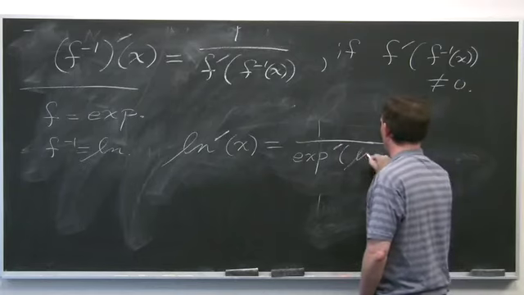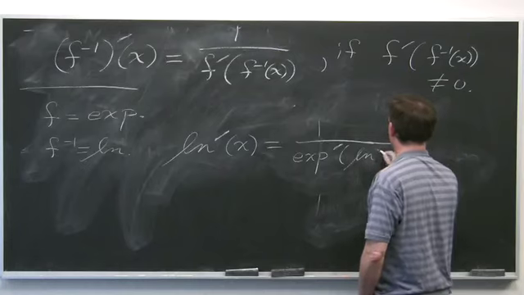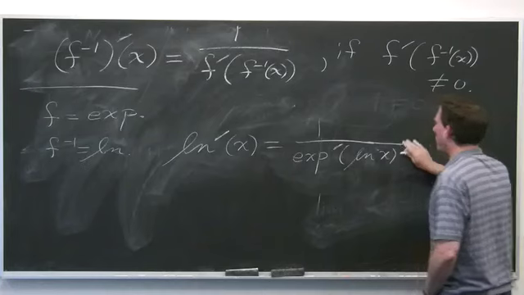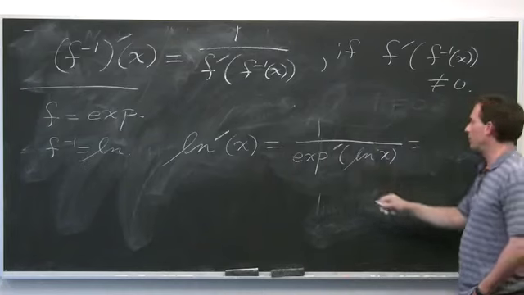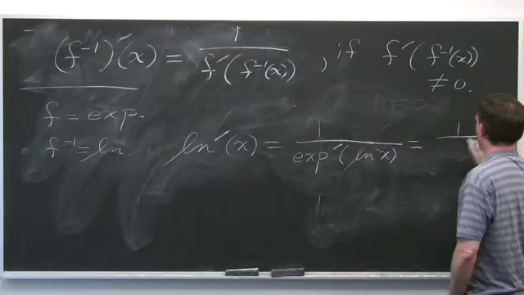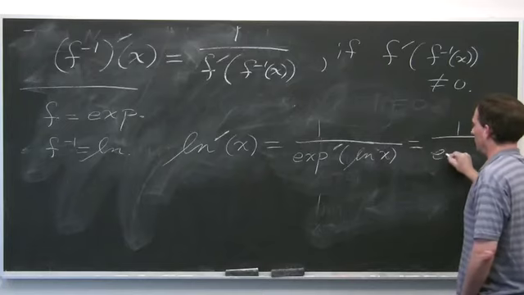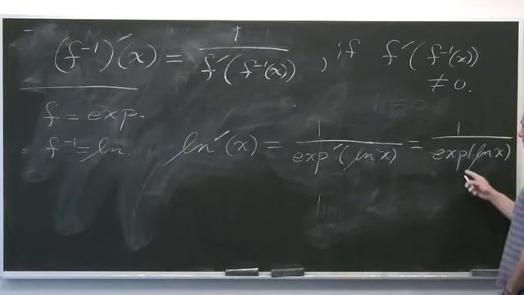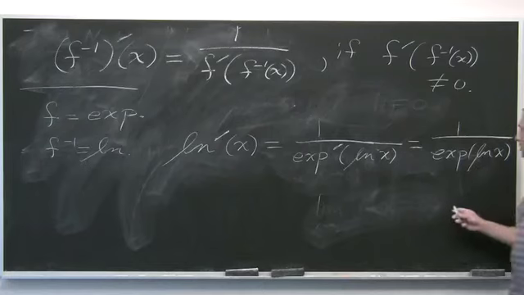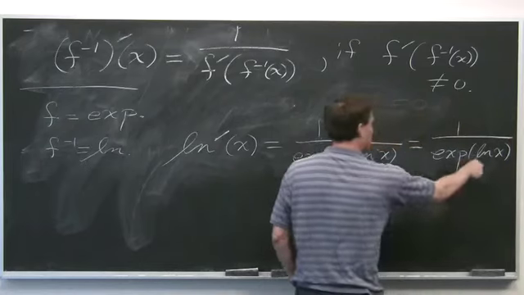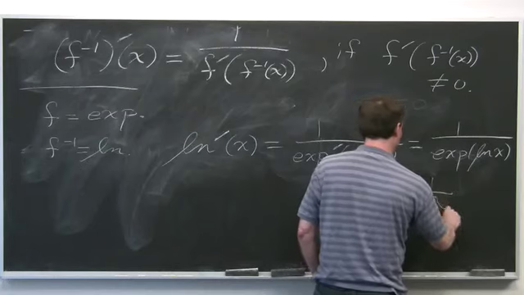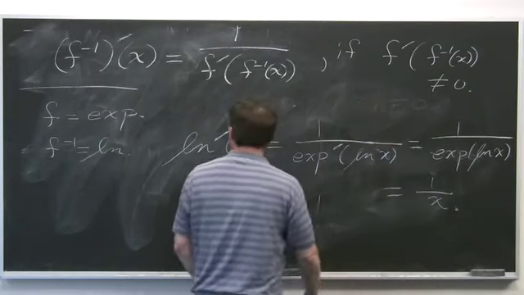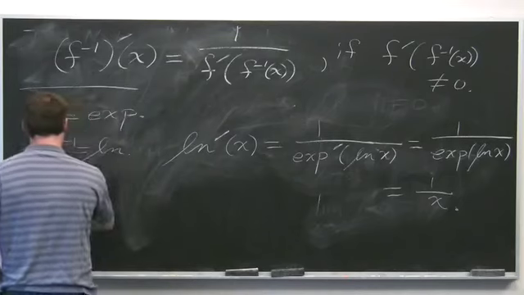Well, f inverse is natural log of x. But the derivative of exp is exp. And so you get 1 over exp of ln of x. But exp of ln of x, these are inverse functions. That's just x back again. This is 1 over x. And so this is the formula for the derivative of natural log.